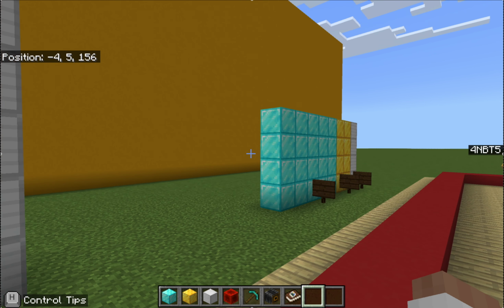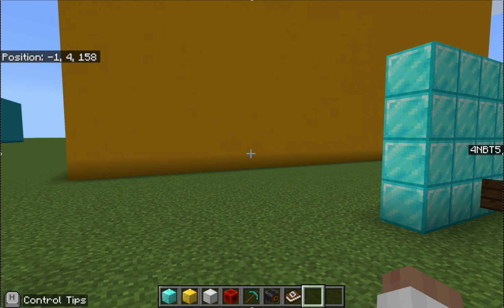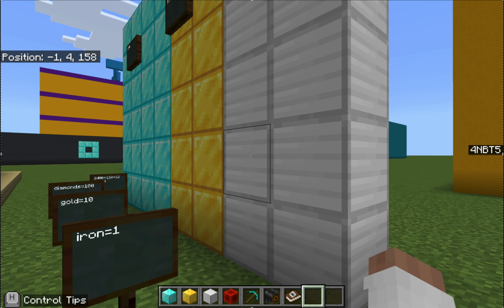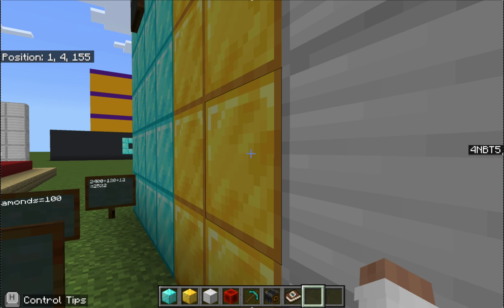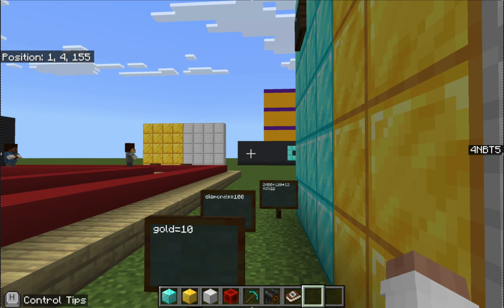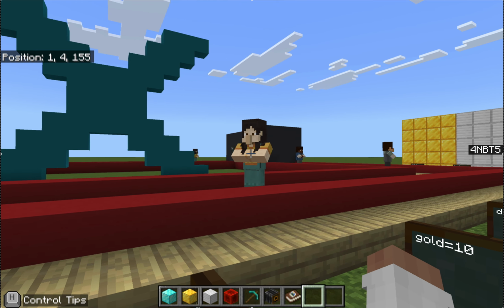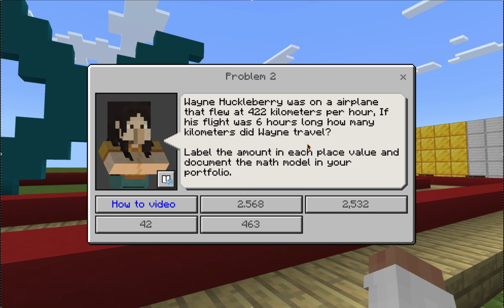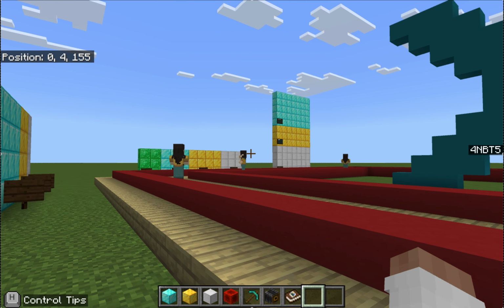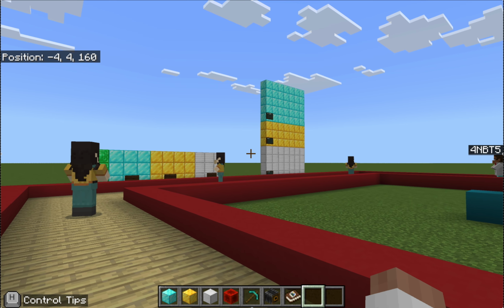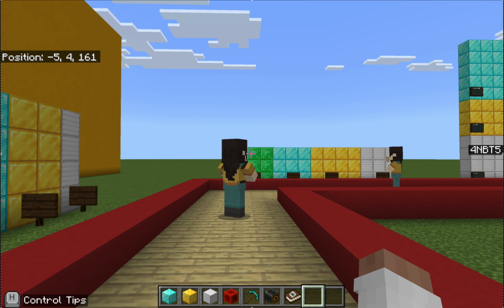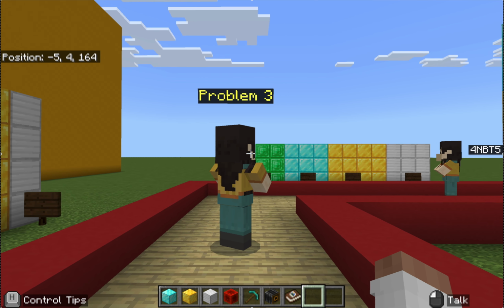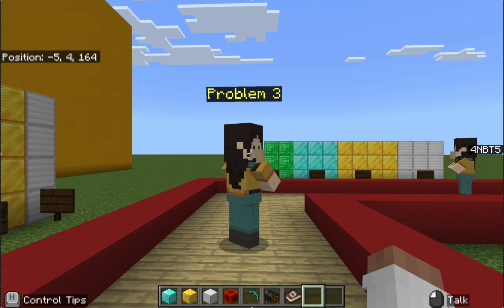Another key feature is the ability for students to collaborate or work alongside each other, which supports communication and shared problem solving. The game also provides immediate feedback, meaning students can quickly see whether their strategy worked or if they need to adjust, which is something that's not always present in traditional worksheets.